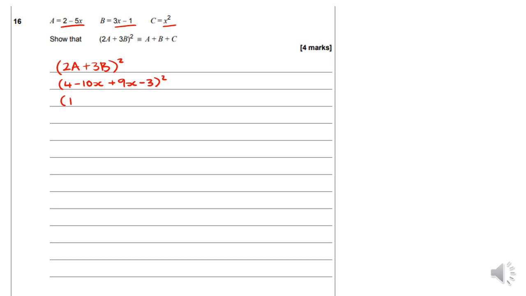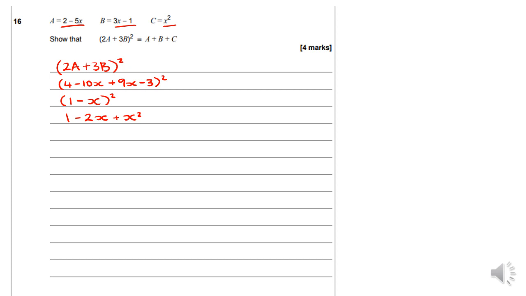I've got negative 10x plus 9x, so that's just a negative x. So I need to square that. That would give me 1 squared is 1. It would give me minus x and minus x, so negative 2x. Negative x times negative x is just a positive x squared. So I think that is what 2A plus 3B all squared is.